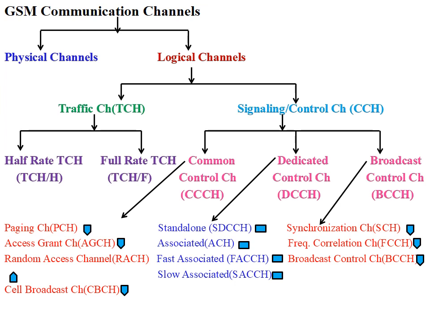In the dedicated control channel, fast associated and slow associated are combinedly called the associated dedicated control channel. Now the next one, broadcast control channel, is of four types: synchronization channel, frequency correction channel, broadcast control channel, or cell broadcast control channel.